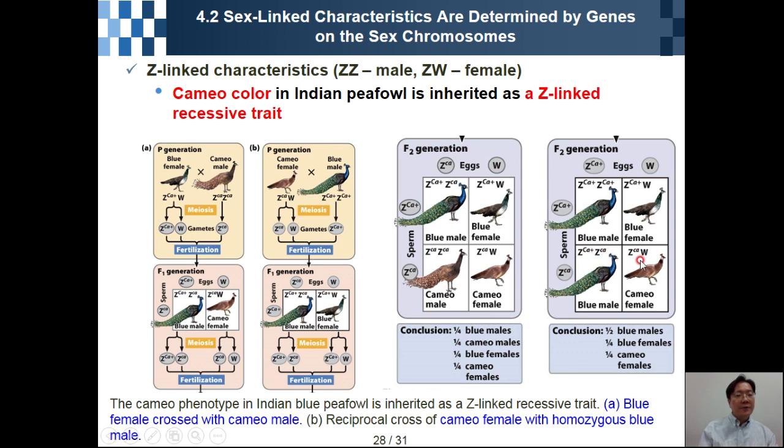How about this one? This one is ZCA and W, meaning the color is camel and the sex is female. So the ratio between blue male, blue female and camel female is 2-1-1.